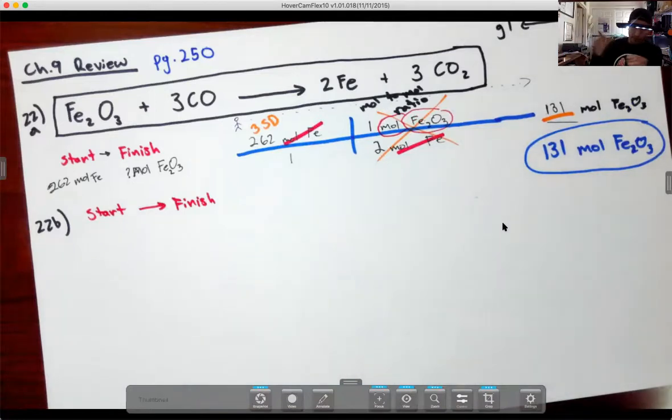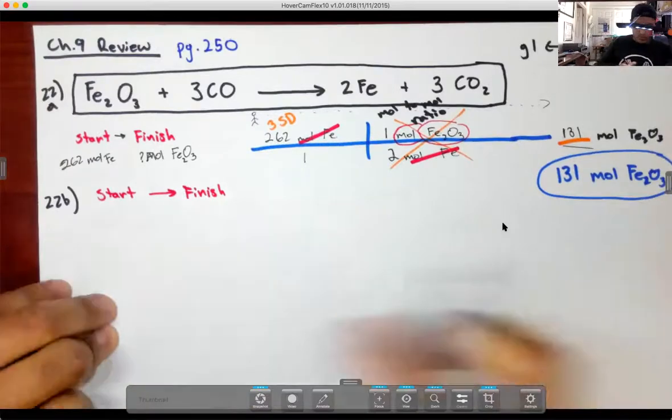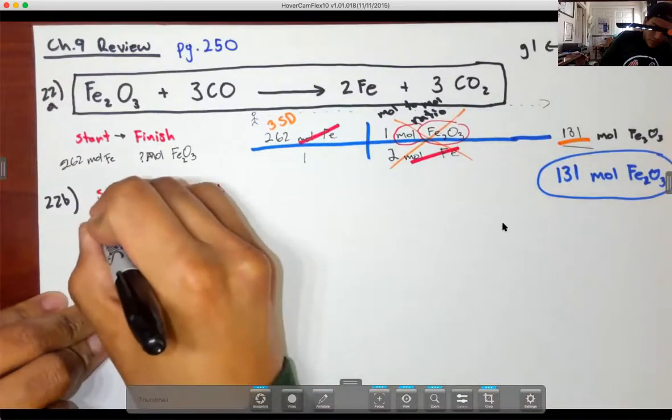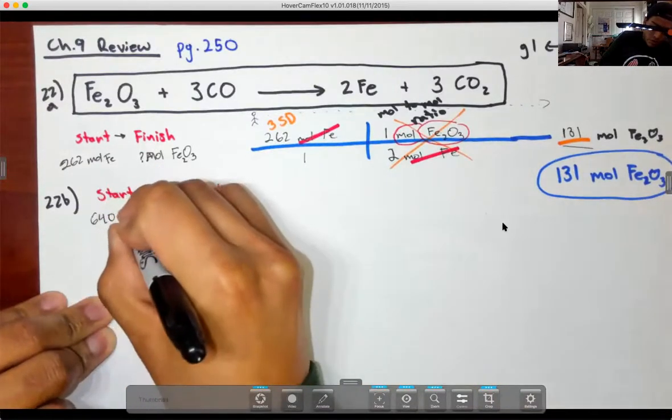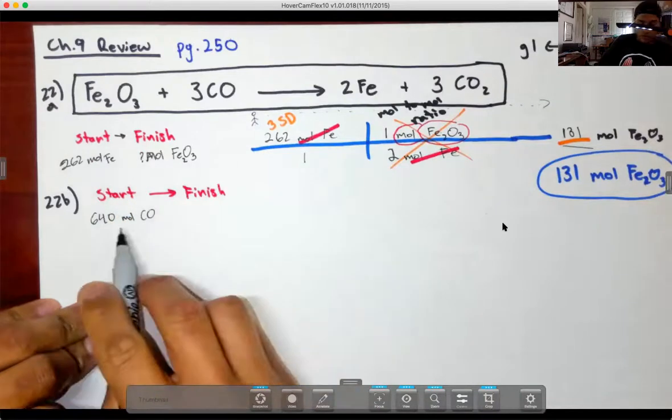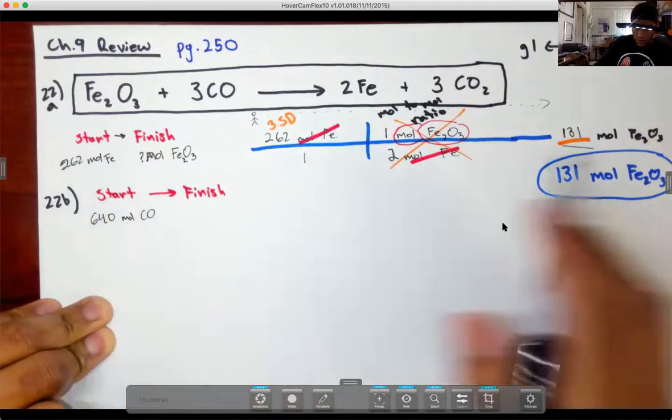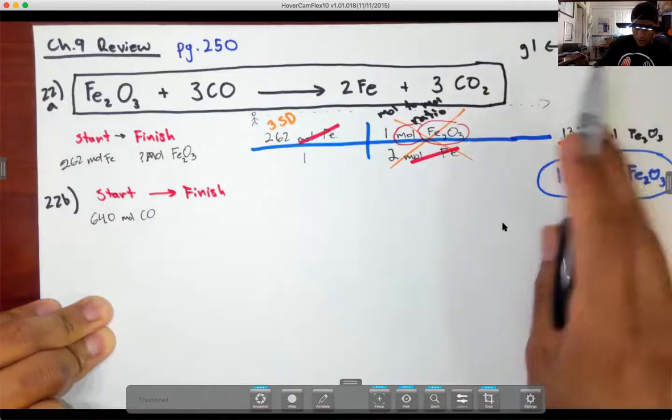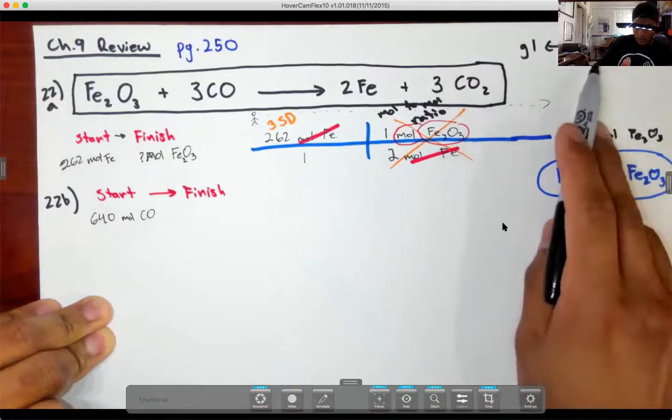What are we starting with? 64.0 moles of CO, perfect. That's super important because with moles, we can make the jump right away. We don't need to go to grams. We're just going from mole to mole.